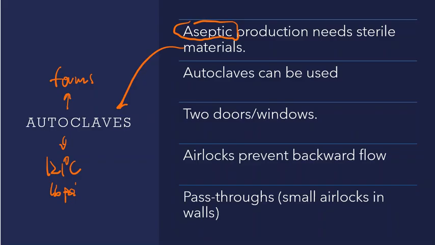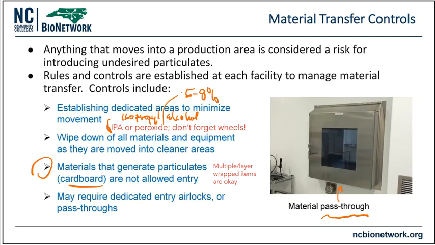Absolutely. So if I get an item in my area and I'm not as clean, then I can put those items into something like those pass-throughs that we've talked about. So those pass-throughs could actually be autoclaves as well. So I can put the items inside of something that looks like that, and then we heat it up and increase the pressure, and all the microbes basically get killed through the autoclave that we have built into the system like this.